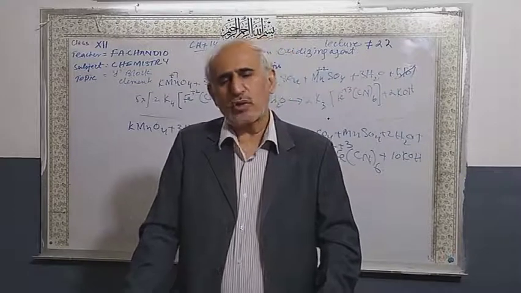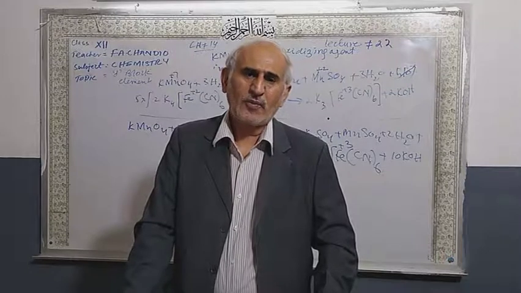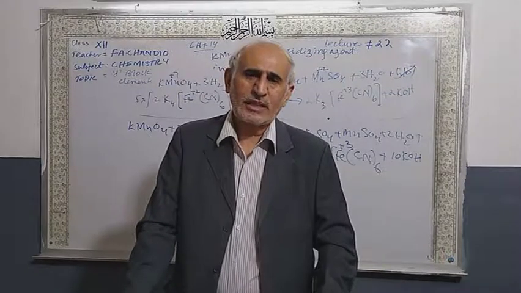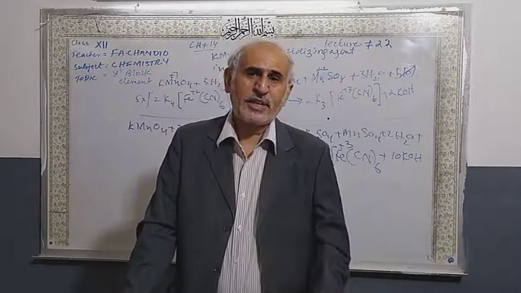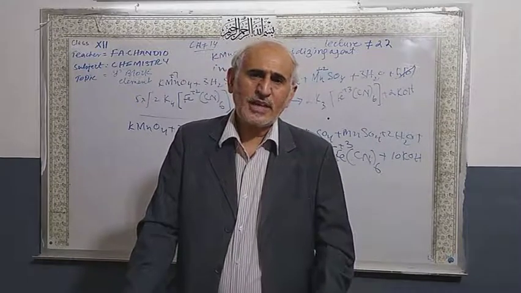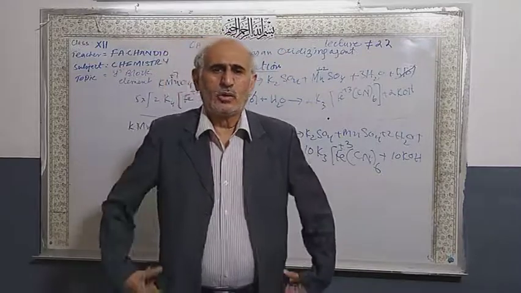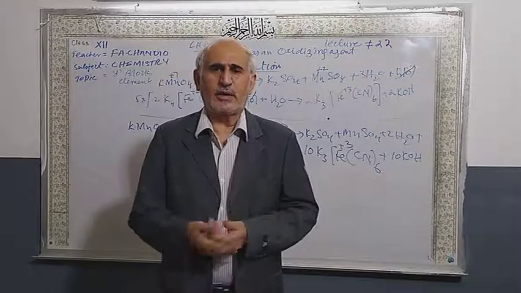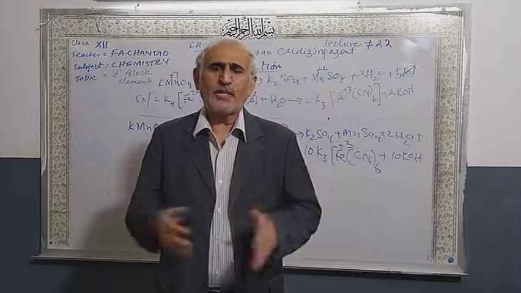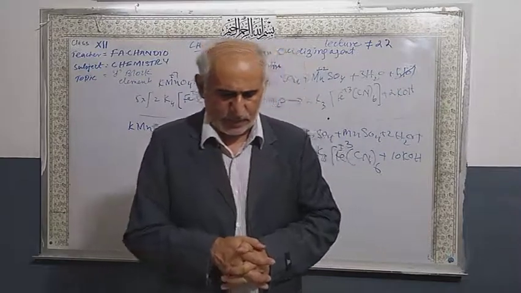So you are not going to use it again tomorrow; you have to prepare it again. So it is unstable, showing instability. This is the difference between a primary standard solution and the other one. Potassium dichromate is a primary standard, but potassium permanganate is not.